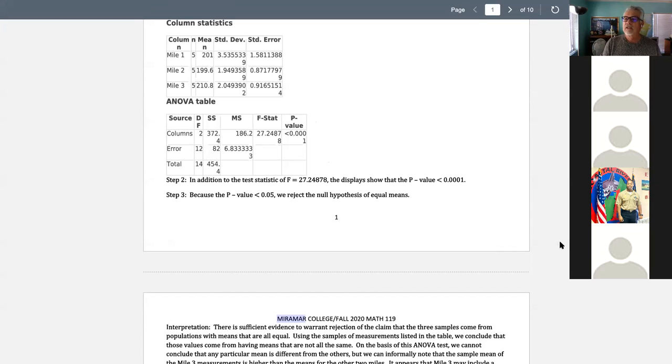Okay, now from chapter 11, we saw that there was a chi-square distribution, which is the theoretical distribution for the goodness of fit test, the test of independence, and the homogeneity test.